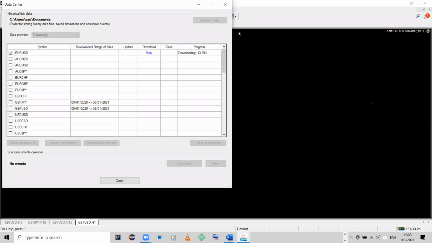Every trader needs to have this software. So just wait for the 1 year of EURUSD data to be downloaded, and I'll show you how it all goes and how it works.